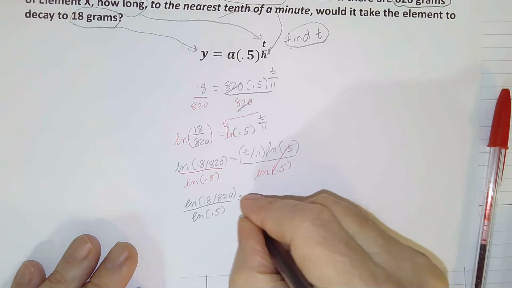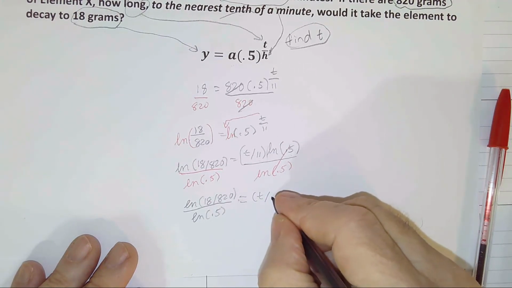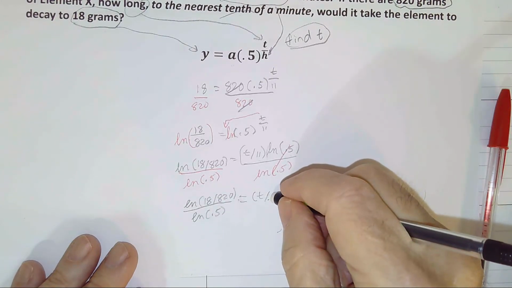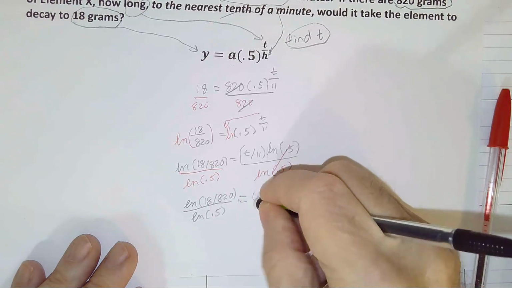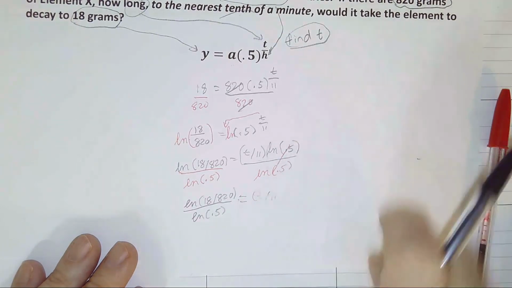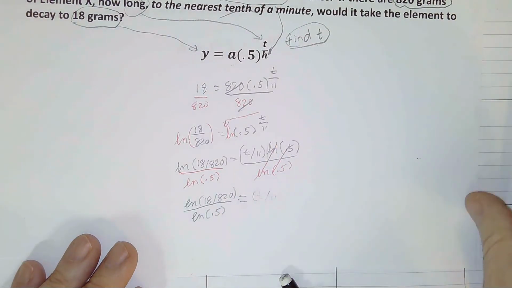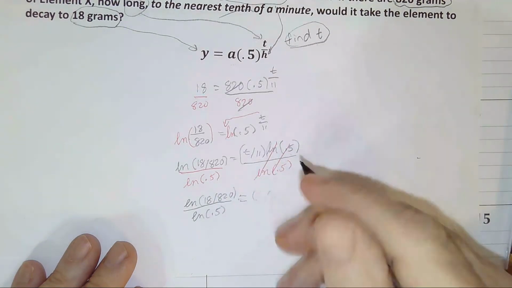Now we don't need the parentheses anymore. Oh yeah, we canceled all that out. So we'll just write it as t divided by 11.